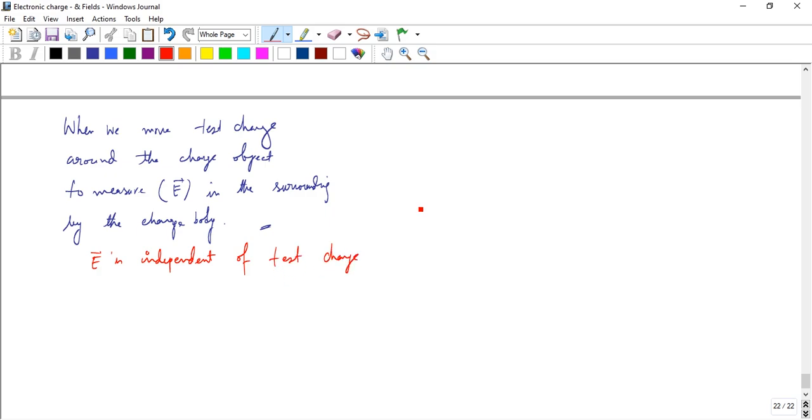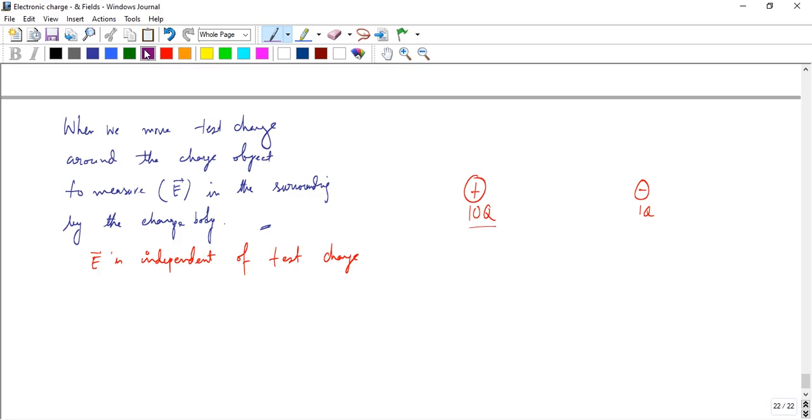So, to consider an example, suppose there is a plus 10Q charge, and here a minus 1Q charge, say 10 coulomb and 1 coulomb. Okay.